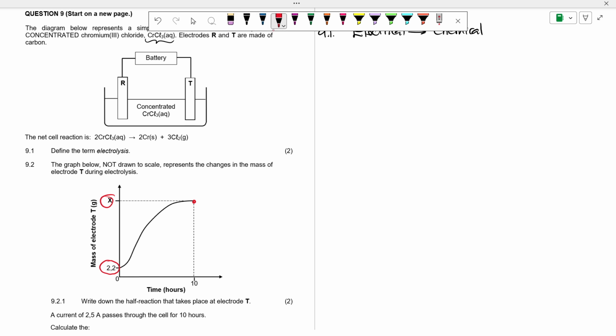So this means T is the one that is picking up chromium 3+ to make chromium solid. Then I can already write the half reaction. On T, we have chromium 3+ becoming chromium solid, and therefore it's gaining electrons. So I'm just going to move this to the other side and show that it's gaining electrons.